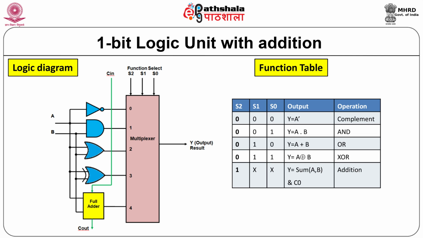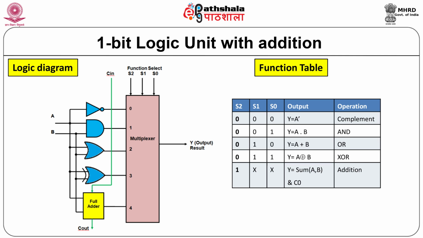A careful observation of select input S2 indicates an interesting thing. When S2 is equal to 0, the ALU performs logic operation, and when S2 is equal to 1, then it provides arithmetic operation irrespective of the values of S1 and S0.